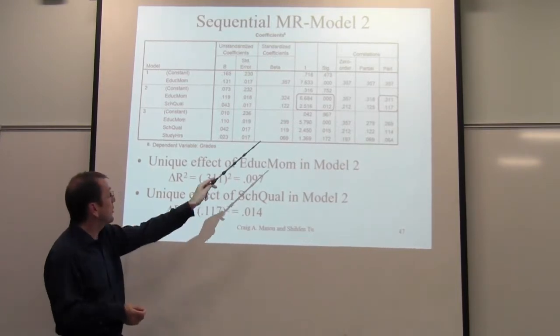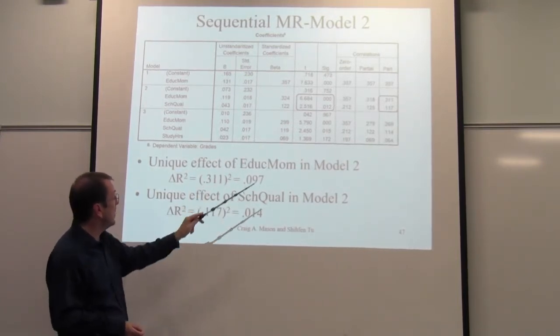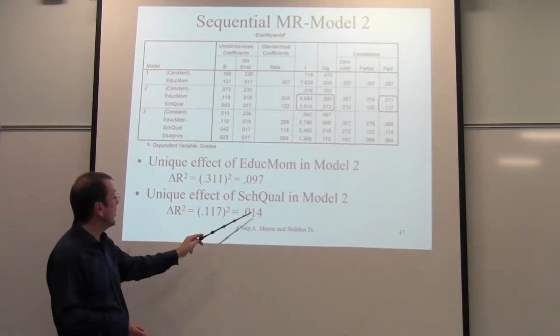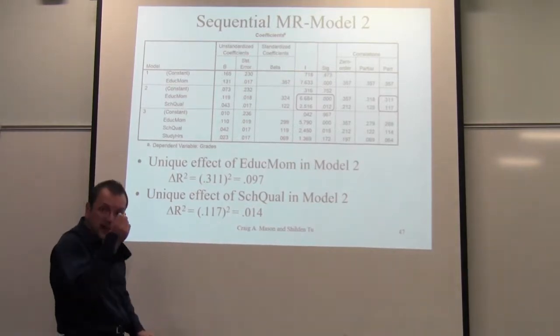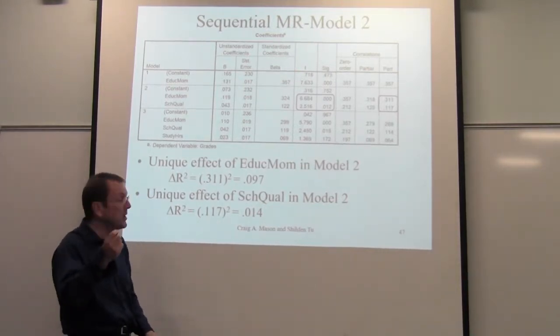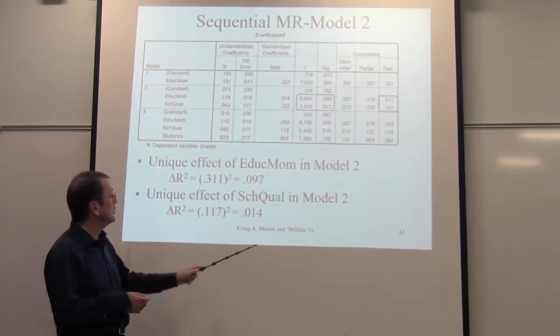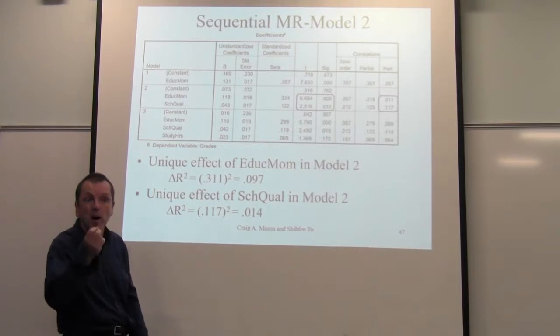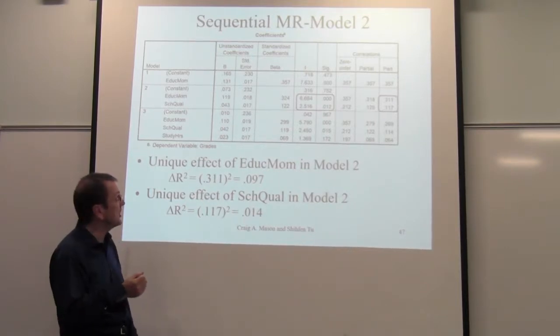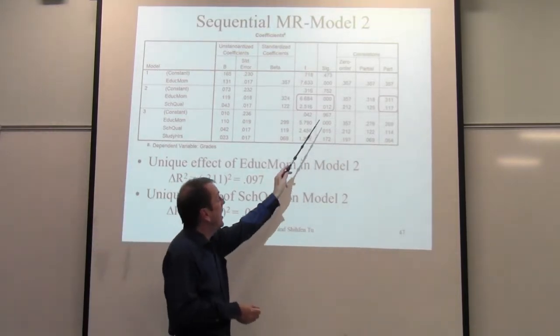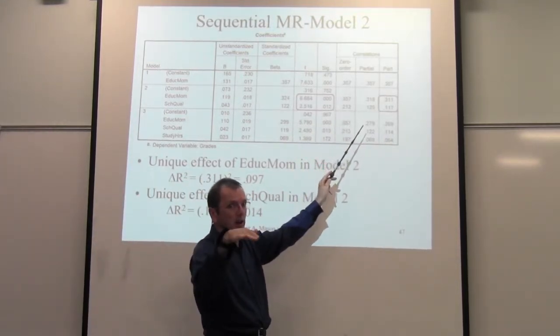And for school quality, we take the 0.117 squared and we get 0.014. That's the variance that's only related to school quality and not mom's education. So it doesn't overlap with mom's education much at all.